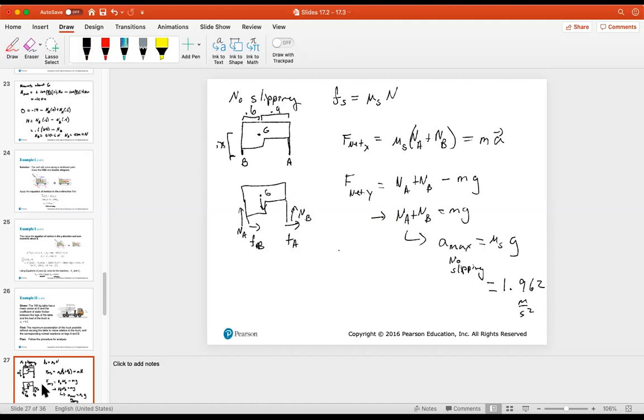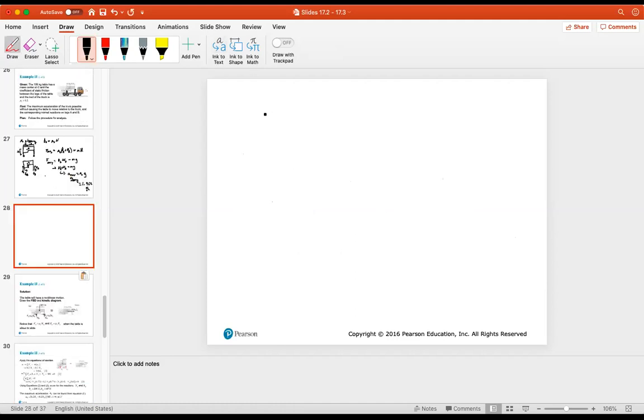Now we still need to find the normal forces. I've used my y equation to say that normal force A plus normal force at B equals mg. I need to use the torque equation now to figure out how the force is distributed between points A and B. To do that, I'm going to sum the moments about G. And because I know alpha is 0, the sum of the moments about G should be 0.